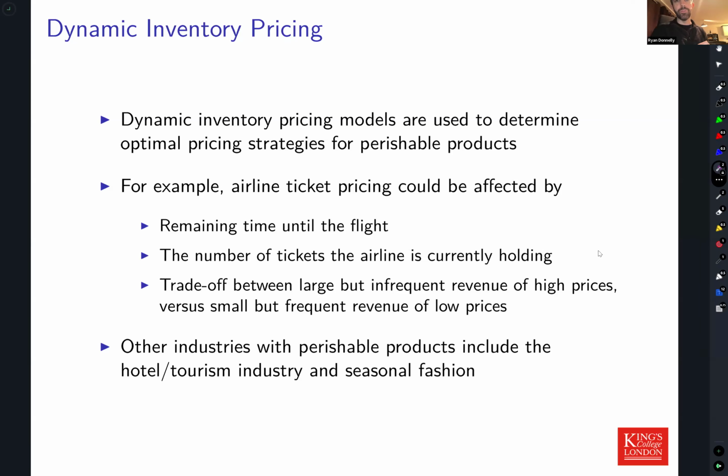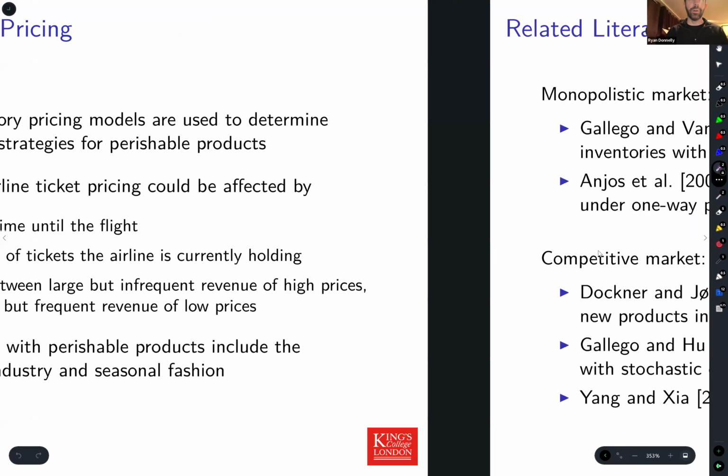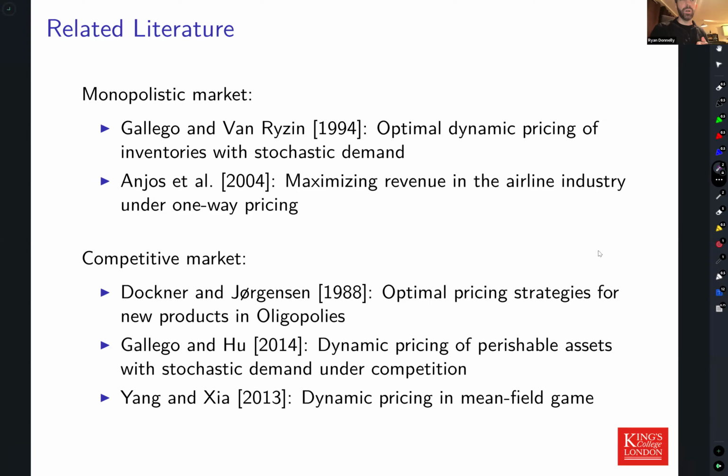So some of the references that I'm going to go through for literature that's been done in this area previously, some of the papers had authors that actually worked alongside fashion companies to determine production and pricing strategies. And a couple of the papers are specifically geared towards airline ticket sales. So these types of models are somewhat well established for these types of problems.